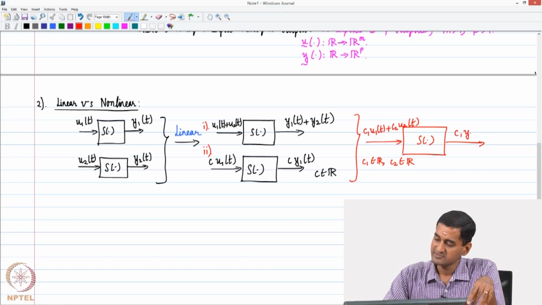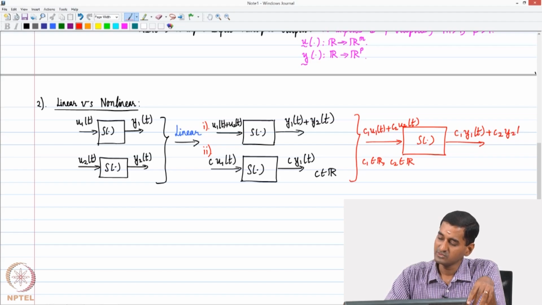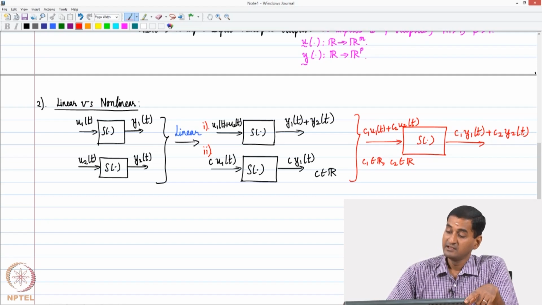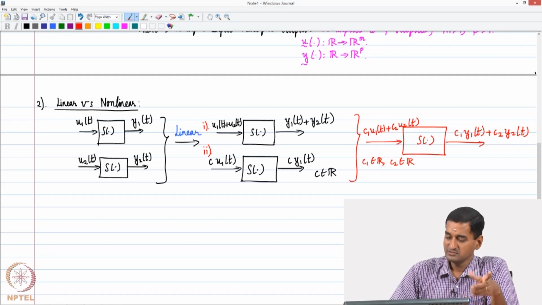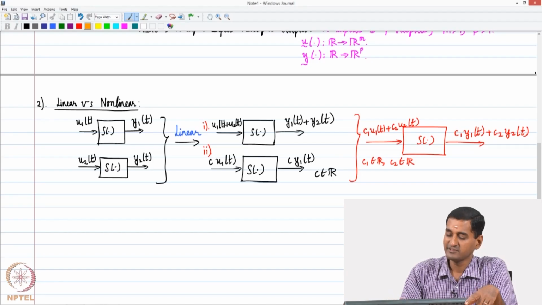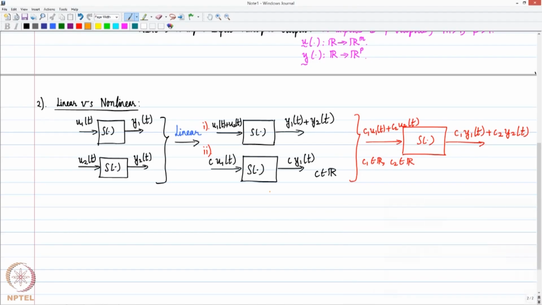The question is whether I get the same linear combination of the two corresponding outputs y1 and y2, right. So, if this holds true, then the system is linear. Okay. So, there are two equivalent ways of defining a linear system. One is this, okay, and the second one is this. Okay. So, typically people call this the principle of superposition for linear mappings. So, that is what it is called.